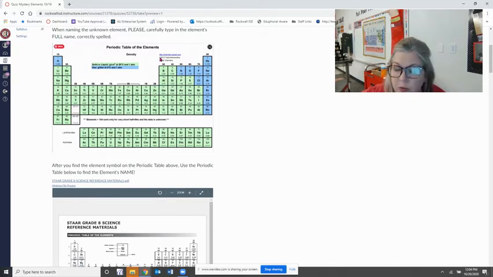This is a very unique periodic table. It includes density numbers. Most periodic tables do not. So you have to use this periodic table for this activity. It's different than the ones we have used in the past because it includes this special number that is not on other periodic tables, that is the element's density, 1.25.